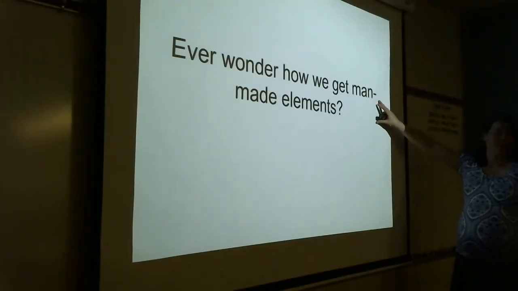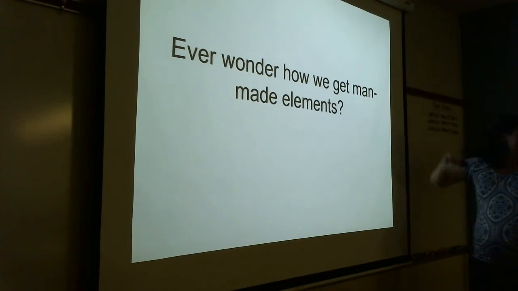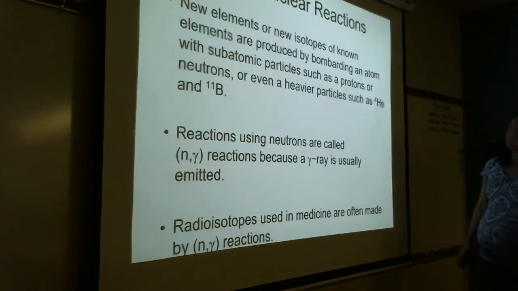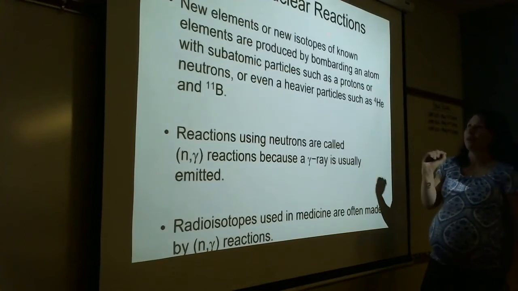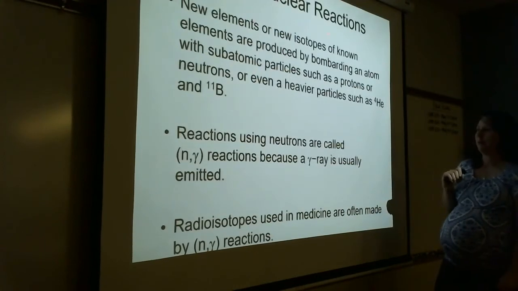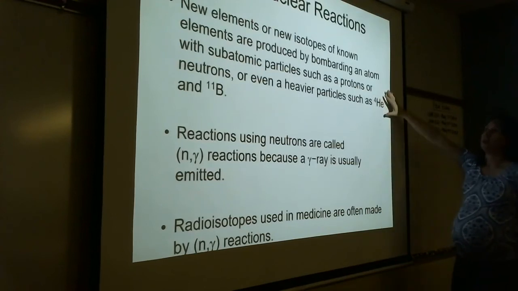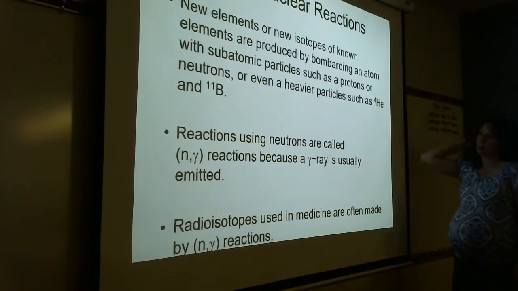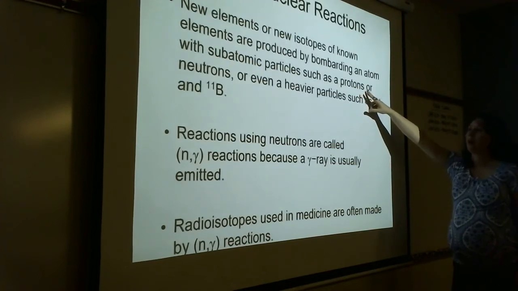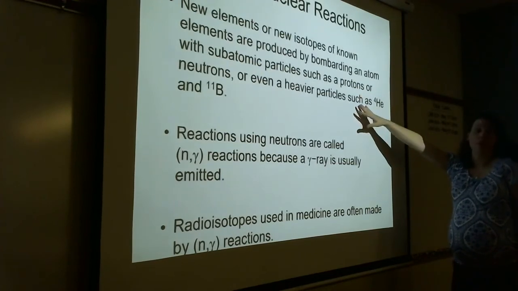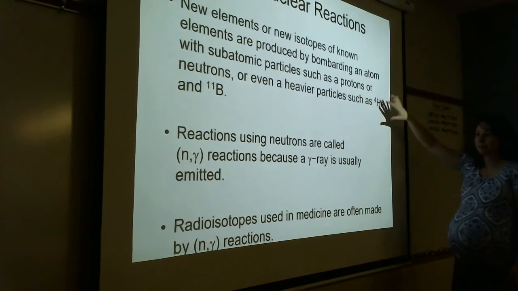So when we talk about the synthetic elements, right, we've recently updated our periodic table. How do we get those? Through synthetic nuclear reactions. Synthetic just means man-made. And so what we do is you take your atom and you just bombard it with more subatomic particles, protons and neutrons, or even bigger atoms altogether.